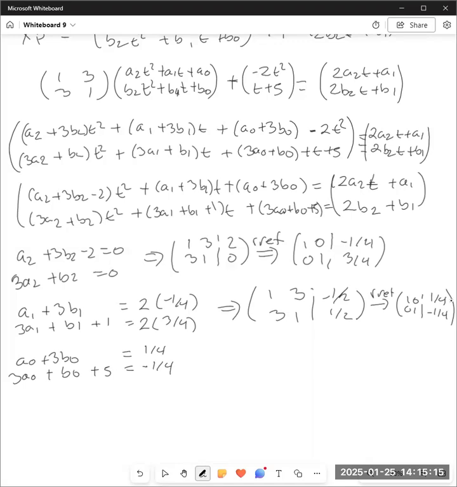So that changes to a system here for me of 1, 3, 1/4, and 3, 1. And when I subtract 5, which is 20/4 from -1/4, I get -21/4. So that turns into 1, 0, 0, 1. And this is -2. And this is 3/4.